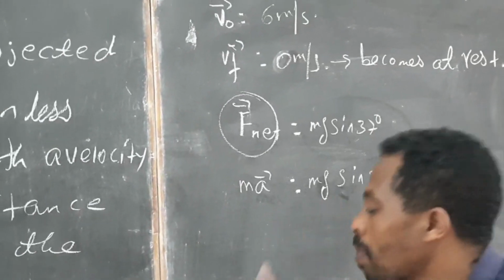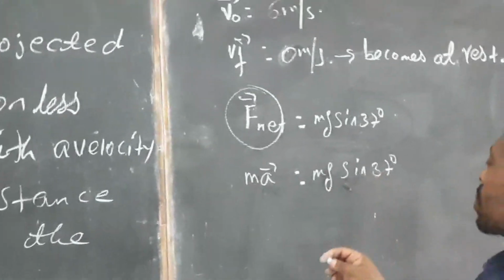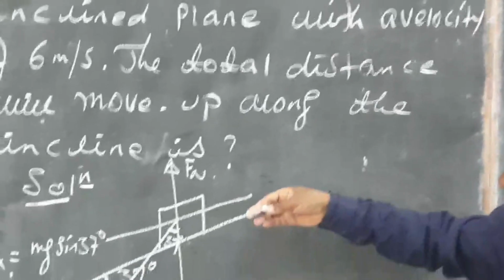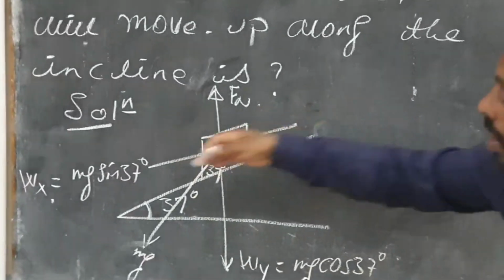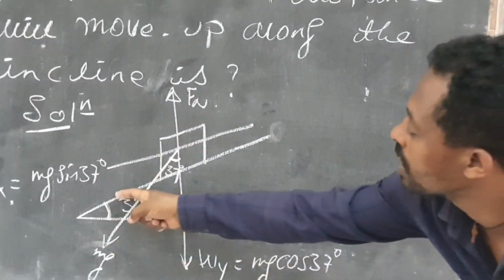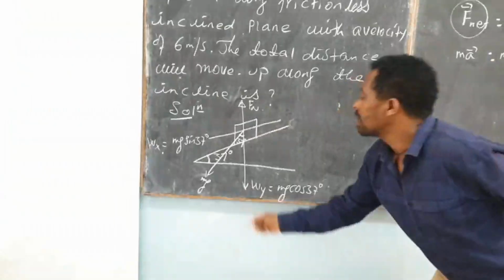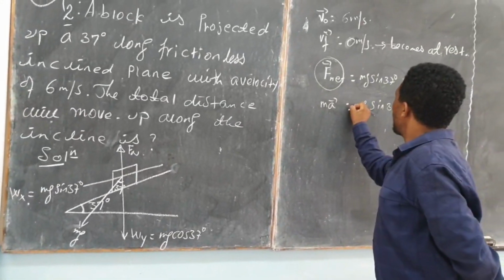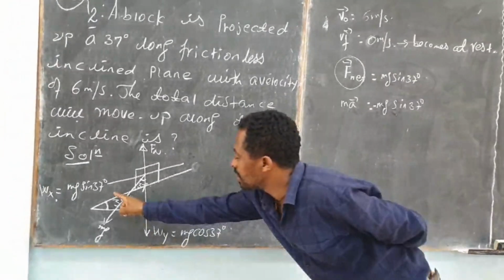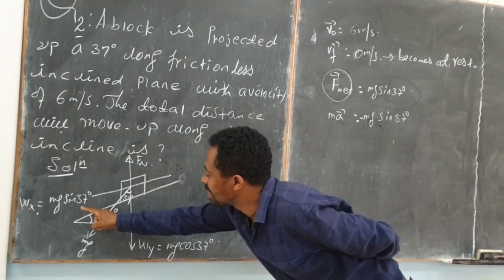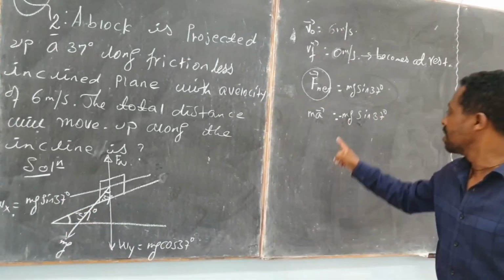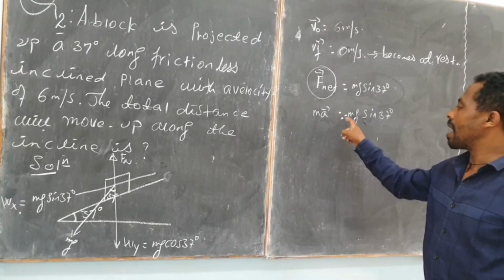But guys, bear in mind, mg sine 37 degrees is along the left side, but the object is moving to the right. Thus, as we know, force is a vector physical quantity. It must consist of both magnitude and direction, and hence you have to put the sign.